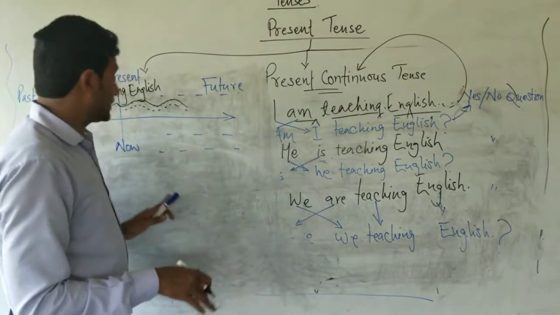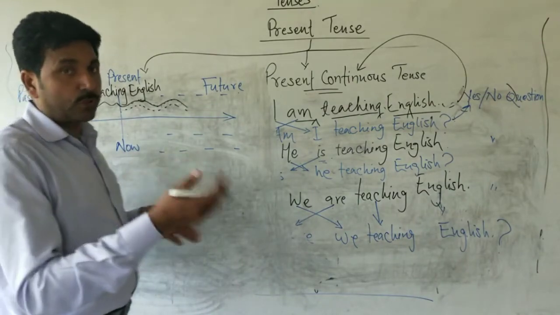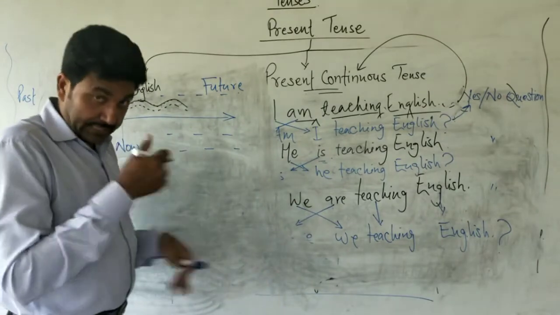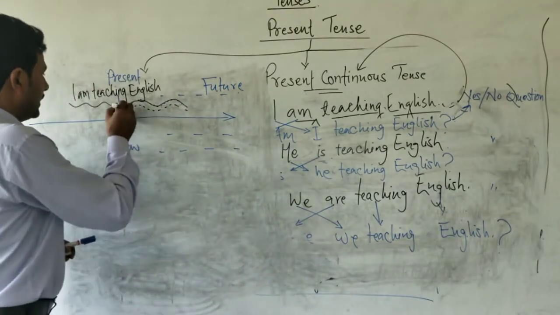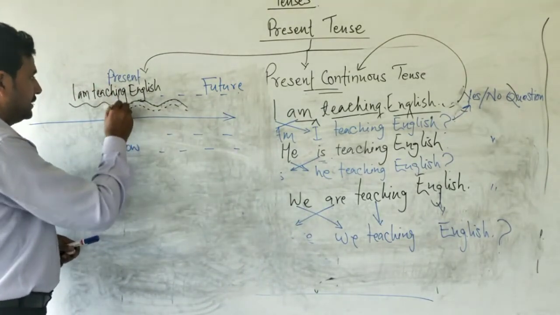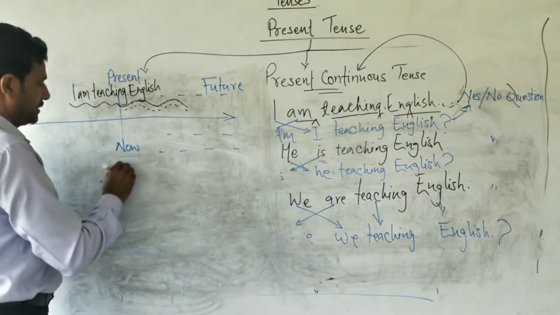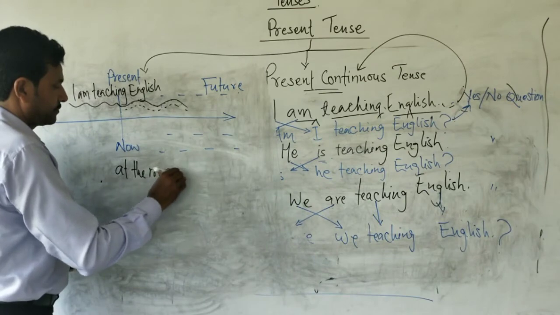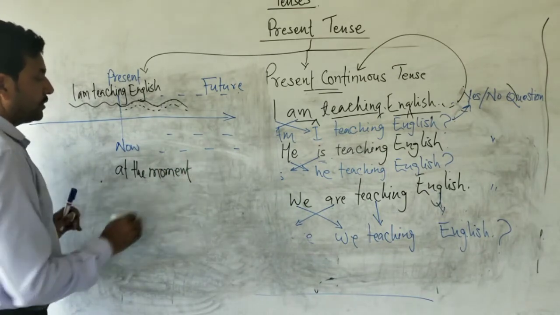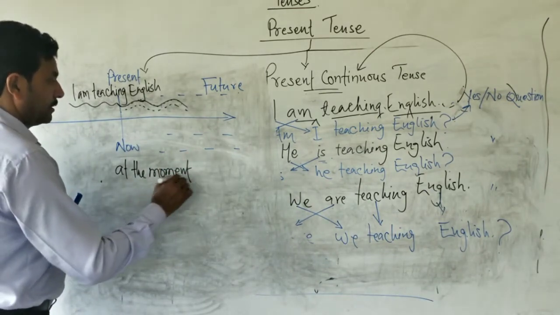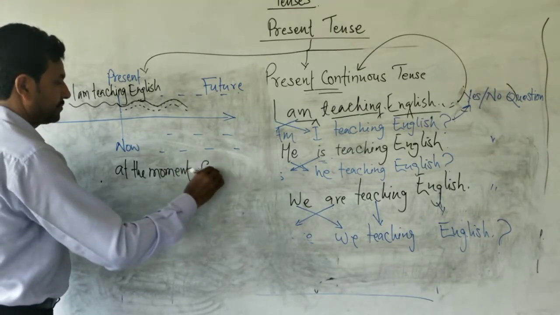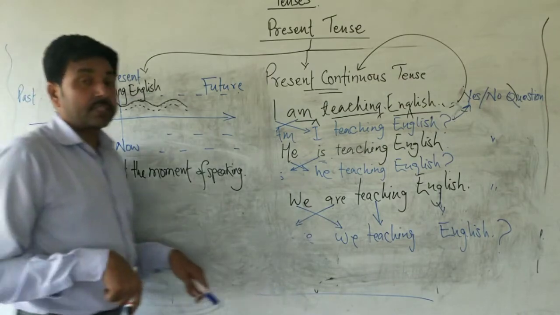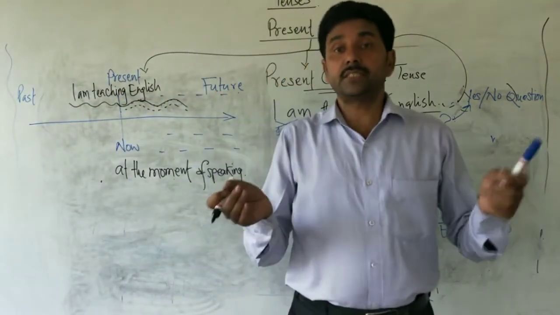Somebody may stop us, or I will have to stop for some reason. That is a different thing. But at the moment I am still teaching English. So this is now, at the moment, at the moment of speaking. At this time, at this moment, I am still teaching English.